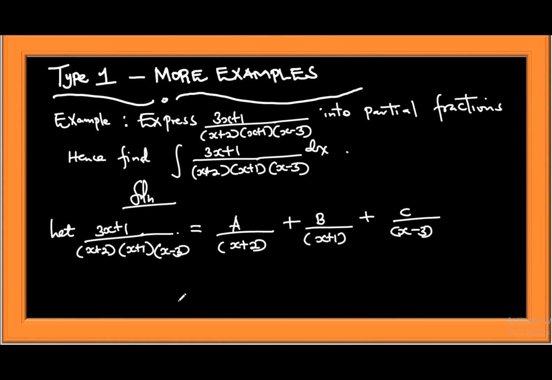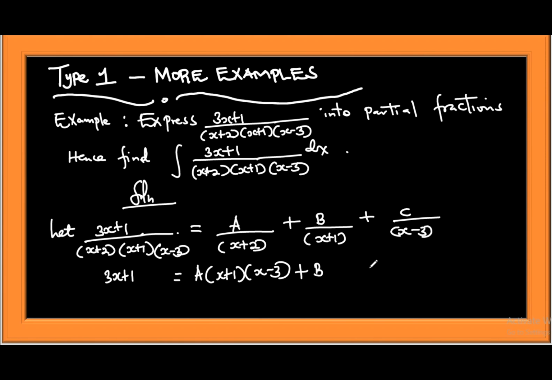There we are. Definitely, what I said in the previous case still applies. When you look at the LCM of the right-hand side, it will be the same as the denominator of the left-hand side. That means they cancel out, and therefore we remain with 3x plus 1 equals a into brackets, when you get the LCM divided by x plus 2, you remain with x plus 1 into brackets x minus 3, plus b.